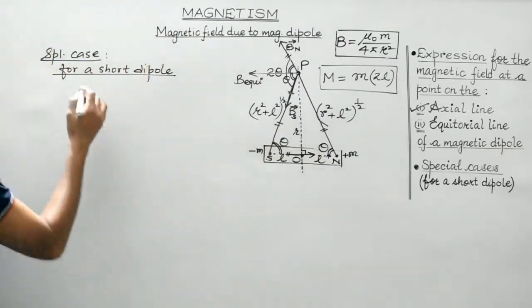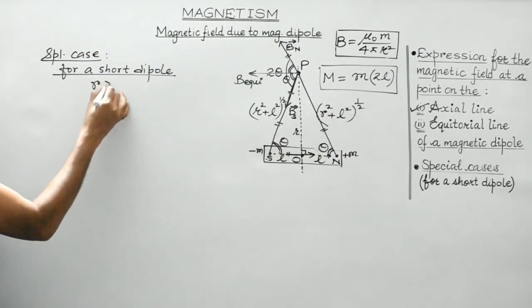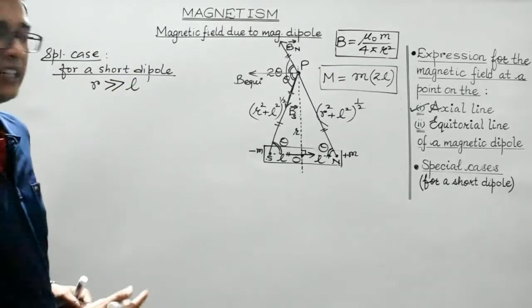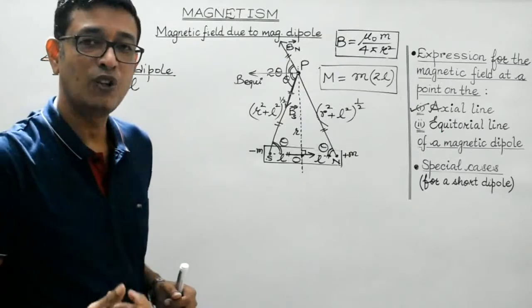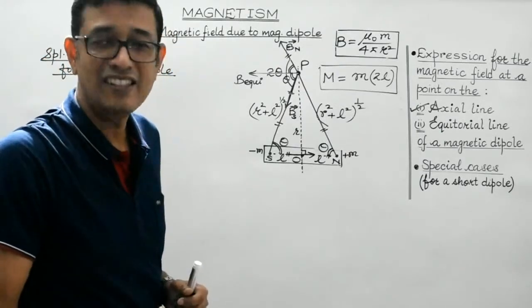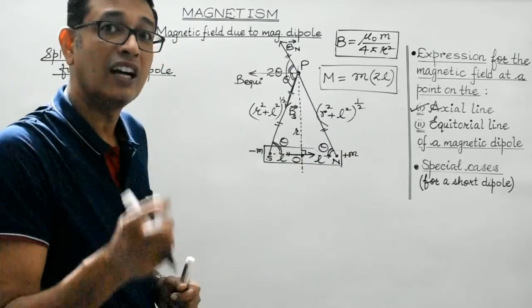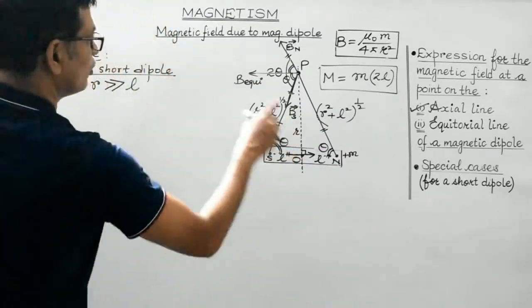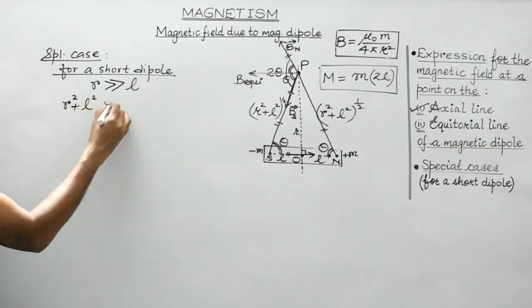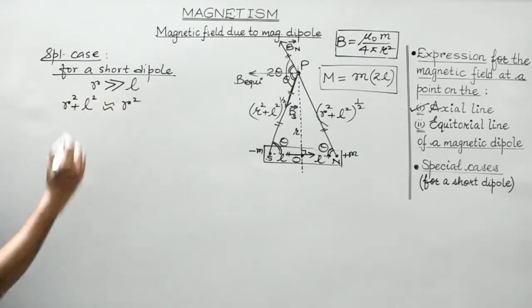That is, mathematically we are dealing with the case when r is very large as compared to L. As I stated students, since L is very small, therefore higher powers of L would be still smaller and hence can be neglected when compared to the higher powers of r. Therefore students, r square plus L square may be written as r square.